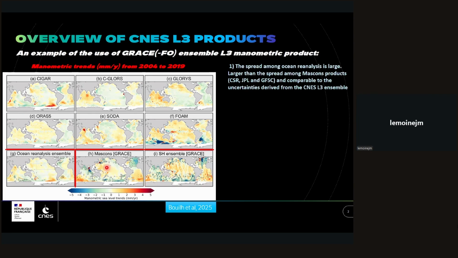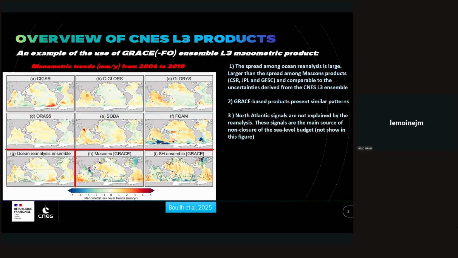And you see that while the two GRACE solutions coincide more or less, they are fairly different from the ocean reanalysis ensemble. In particular, in the North Atlantic Ocean, there is a great difference between the reanalysis and the GRACE solutions.